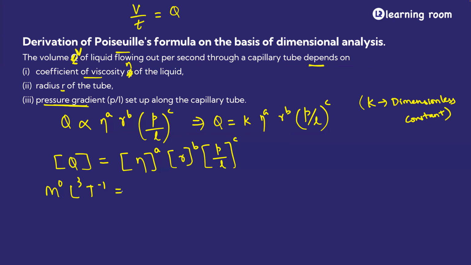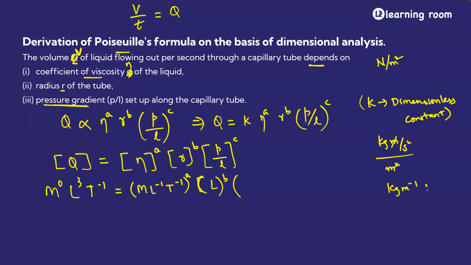Right. This is equal to, we derived the dimensional formula for a coefficient of viscosity. What was it? M L minus 1 T minus 1. So it is M L minus 1 T minus 1, the whole raised to the power A. What about R? L to the power B. And what about pressure? So pressure is Newton per meter square. So how do you write Newton? Kilogram meter per second square, right? By, so kilogram meter power minus 1 second square.